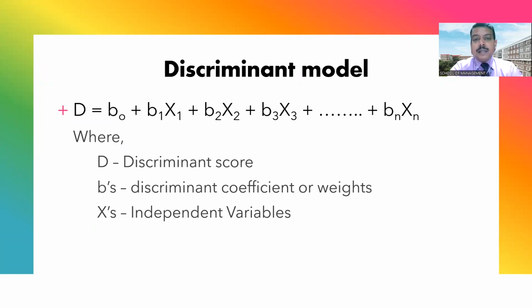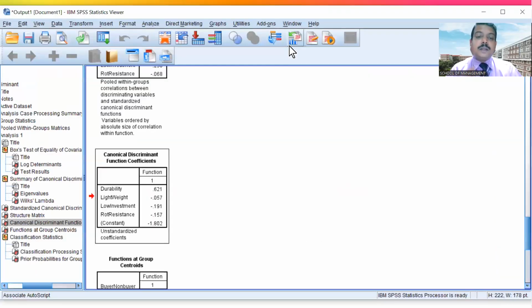Once we set this mathematical equation, for any known values of our independent variables, X1, X2, X3, X4, in this case the durability, low investment, rot resistance, and all those 4 independent variables, we can calculate the discriminant score, because the unknown things are b0, b1, b2, b3. All those things we could take from this particular table.